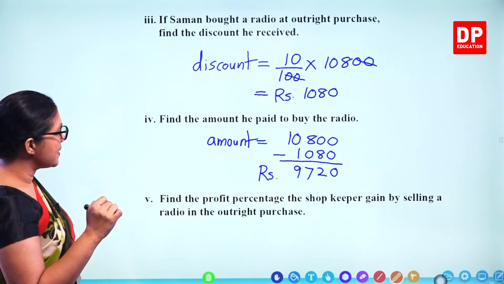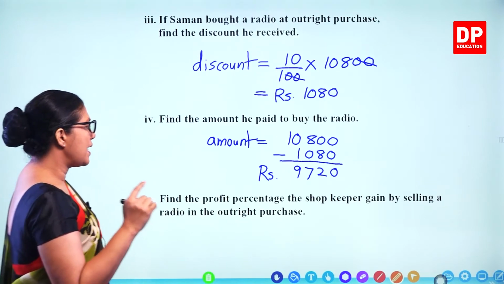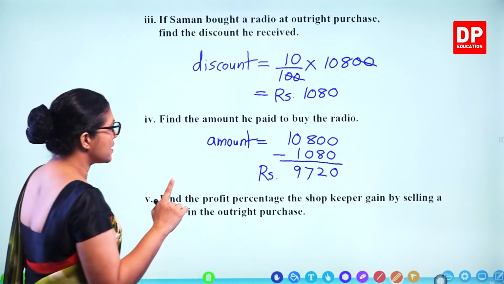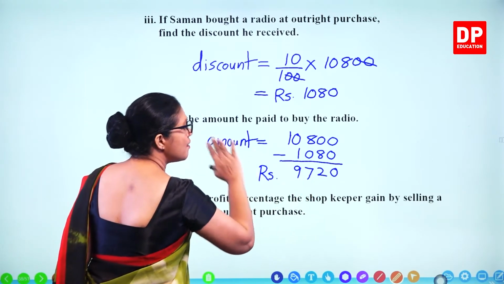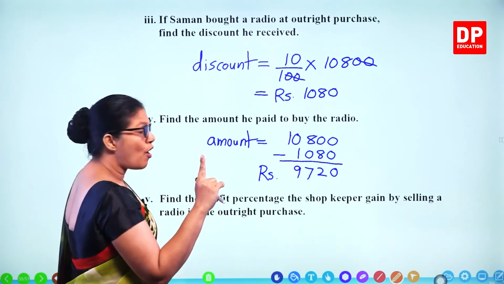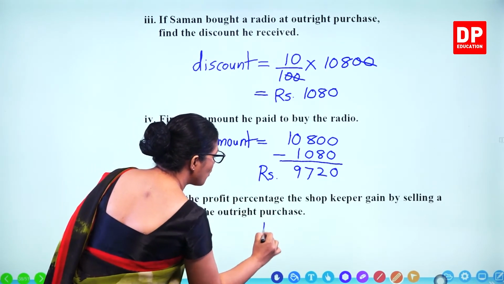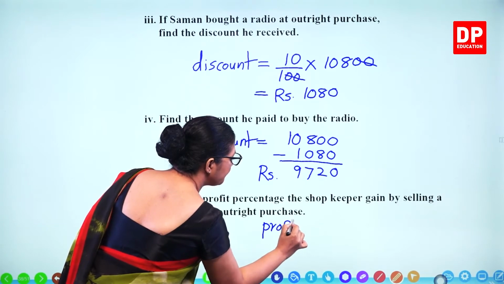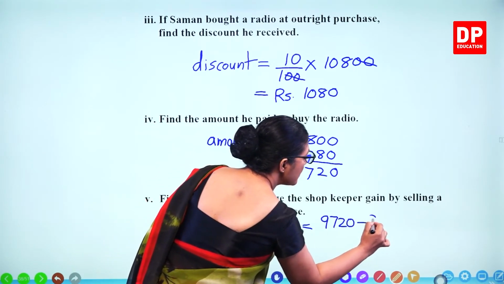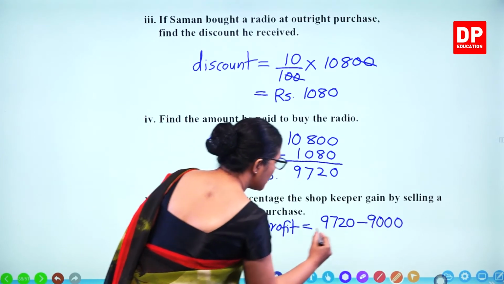Find the profit percentage the shopkeeper gained by selling a radio in the outright purchase. So this is the final selling price. He bought the radio for 9,000 rupees. So profit becomes 9,720 minus 9,000 rupees.